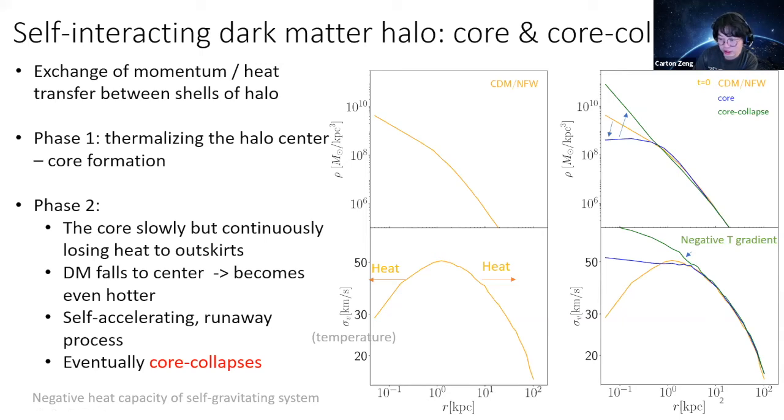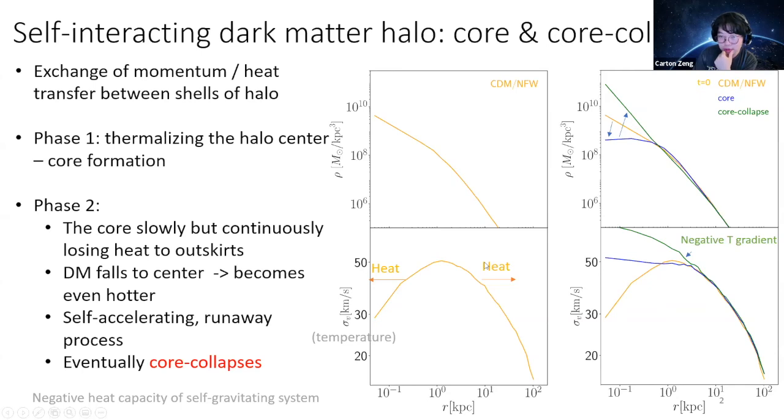It will infall, where it becomes even hotter than before. That's what we mean by the negative heat capacity. So you lose heat and you become even hotter than before eventually. And that actually makes this negative temperature gradient more and more negative than before. And so this core collapse process is a self-accelerating and runaway process.